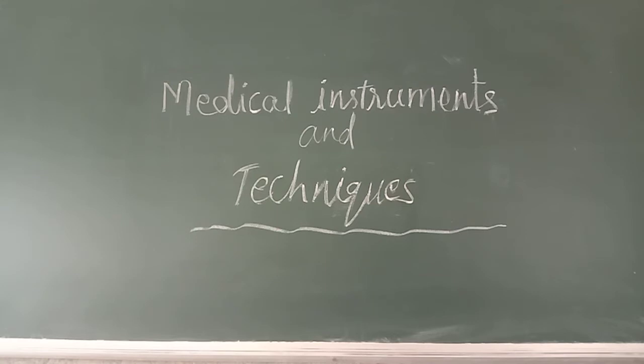Already I told you 18F fluorodeoxyglucose is the commonly used radio tracer. Actually, this 18F fluorodeoxyglucose is a radio labeled sugar molecule.